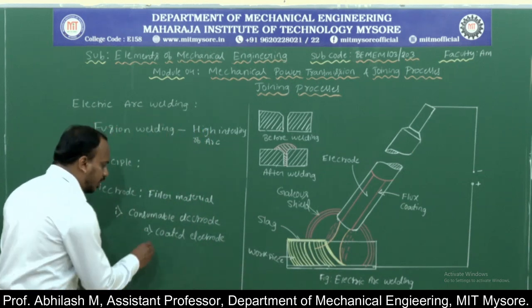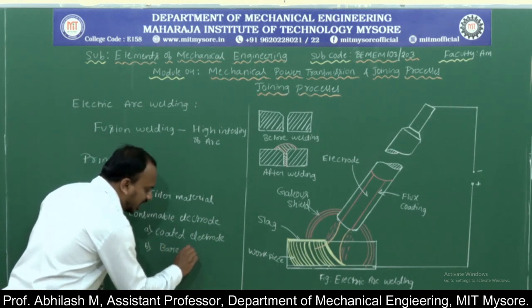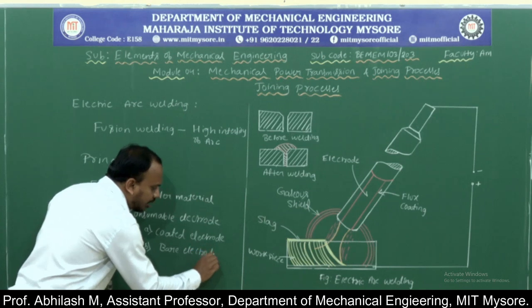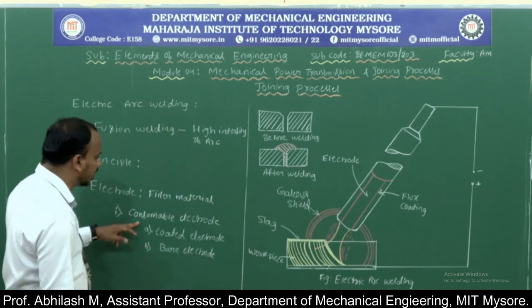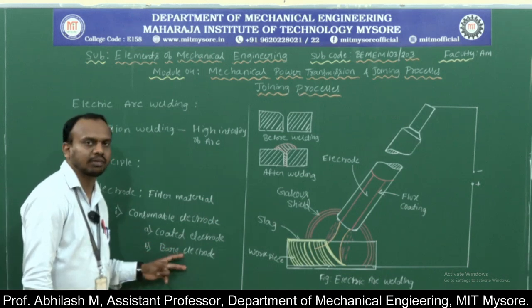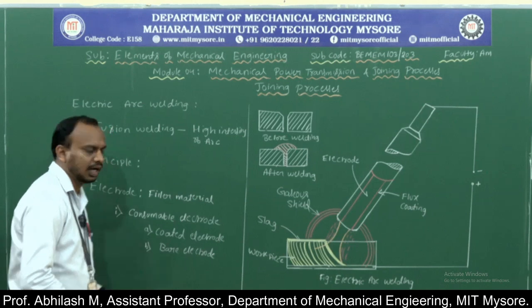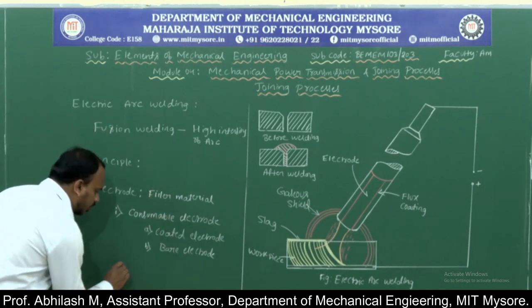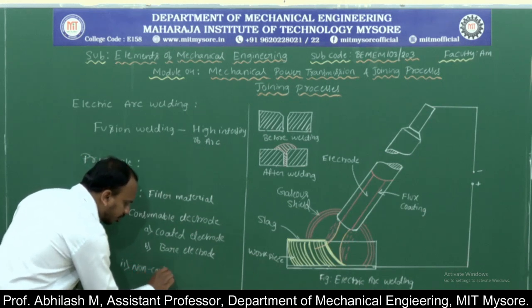The other type of consumable electrode is the bare electrode, which will just melt and occupy the gap between the two workpieces. So under consumable electrodes, we have two types: the coated electrode and the bare electrode. The other type of electrode is the non-consumable electrode.